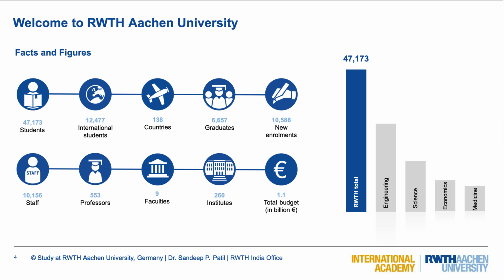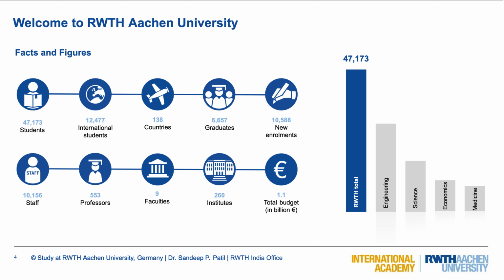So diversity is immensely high, and this is what I think everyone is expecting for a master's degree program in Germany. Every year we have more than 10,000 new enrollments, more than 10,000 staff, and then more than 10,000 publications every year. The university budget is pretty close to 1.1 billion euros, which shows how big the university is.